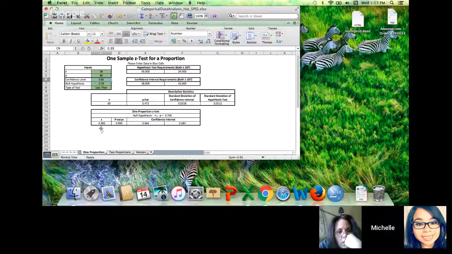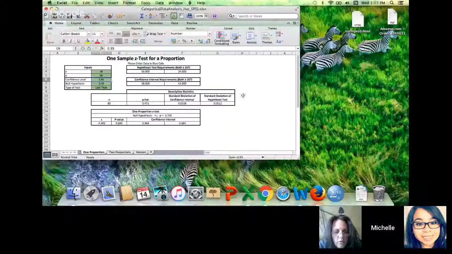It says my test statistic is negative 4.392. Negative 4.392. Okay. And the next question is the p-value. The p-value says 0.000.